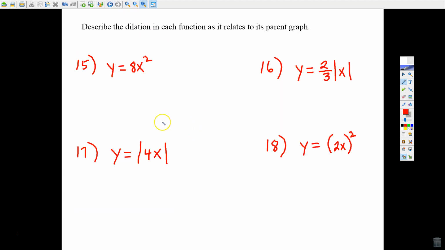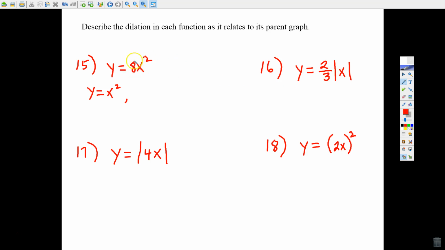All right, and this is going to wrap it up. Describe the dilation in each function. Well, first of all, let's identify the parent being affected. This is the parent y equals x squared, and when we're multiplying by a number, it's not inside parentheses, or if it were absolute value, it wouldn't be inside absolute value.